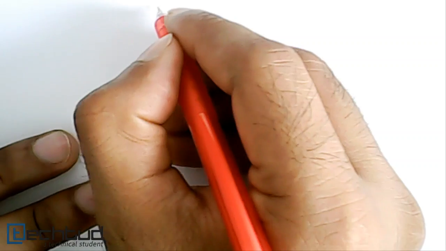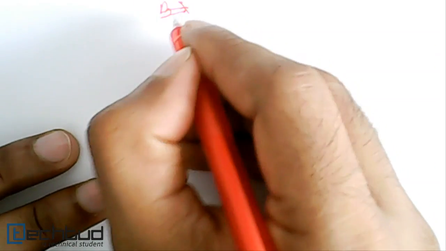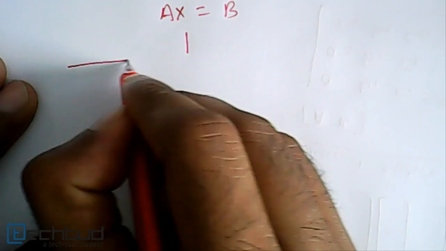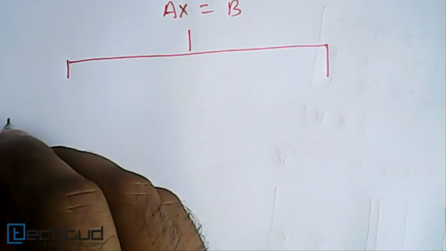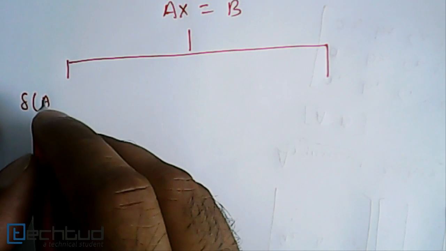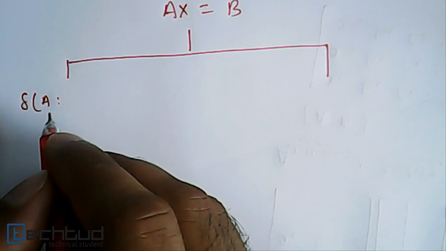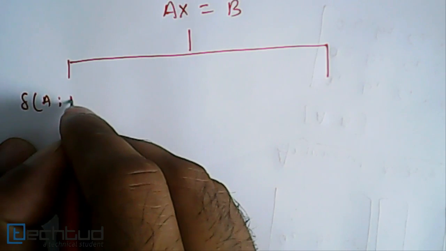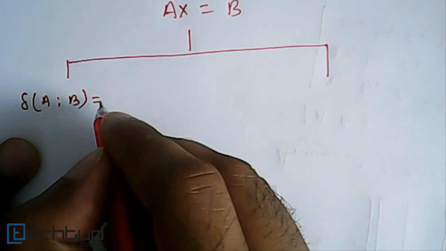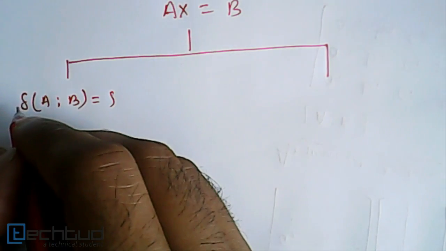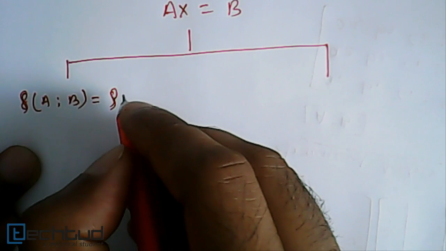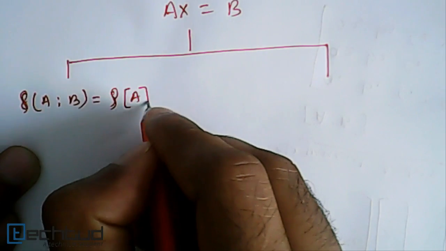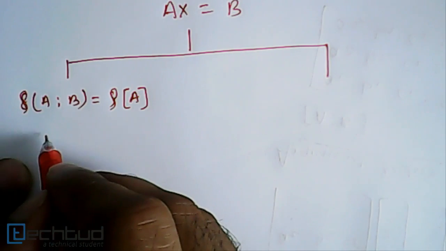This is again AX equal to B. First of all we check whether the rank of the augmented matrix is equal to the rank of the coefficient matrix. If so, then we call the system consistent.